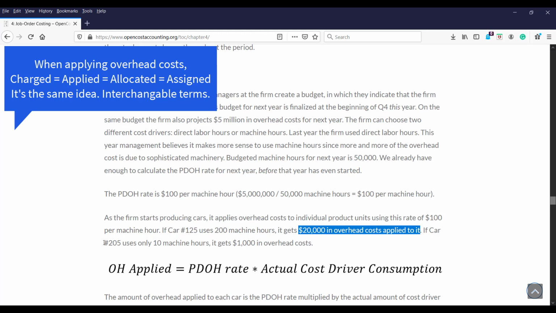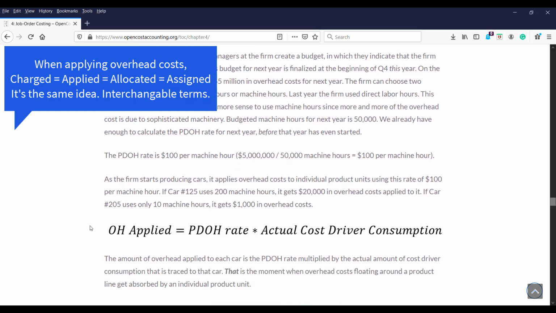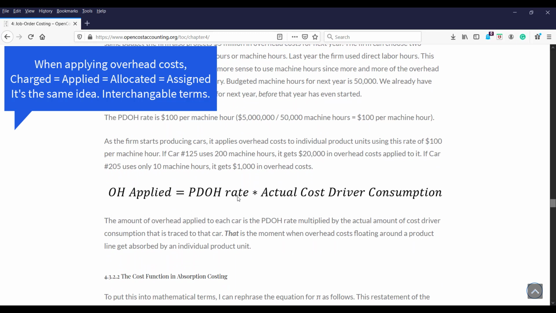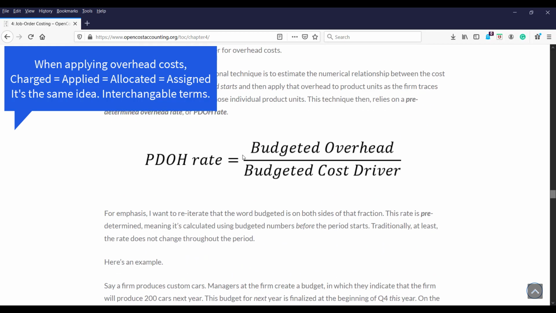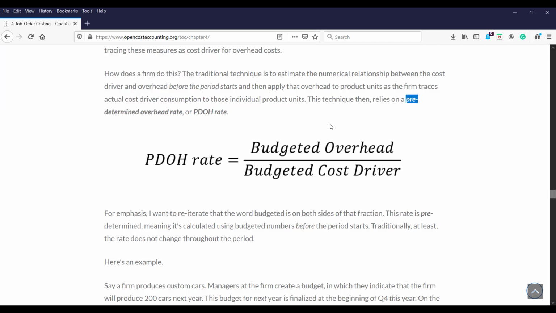Car 205 only uses 10 machine hours, so we only charge 100 times 10 equals 1,000 in overhead costs to it. Therefore, the overhead we apply is our PDOH rate times the actual cost driver consumption. All right, so pay attention to which ones are actual and budgeted. To create the PDOH rate, it's all budgeted. It's predetermined. You have the budgeted numbers before the period starts. You can determine the overhead rate before the period starts.